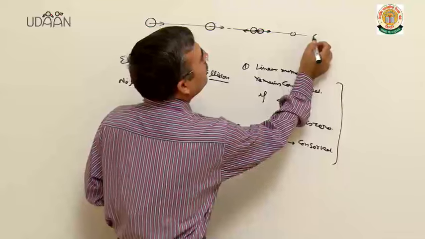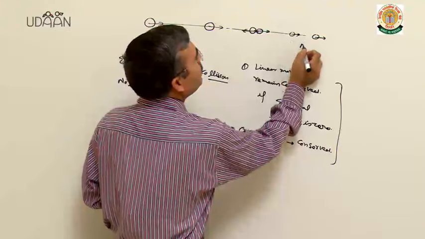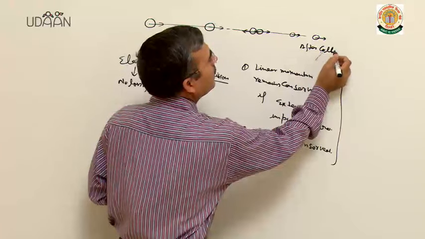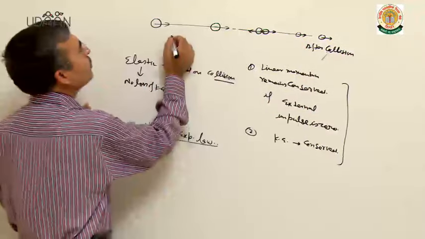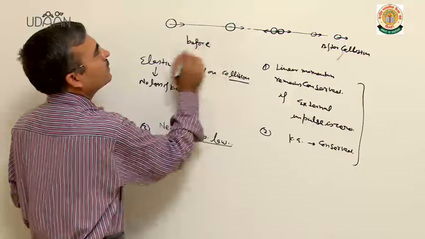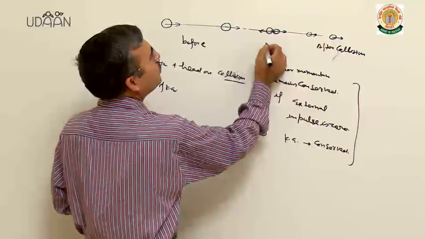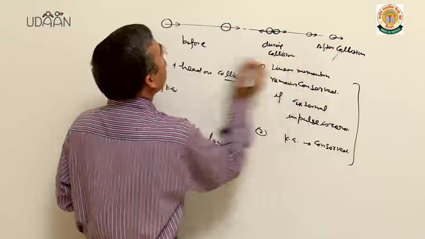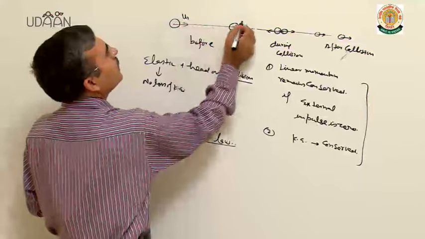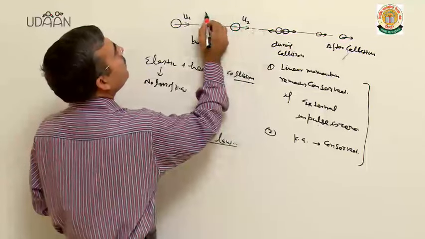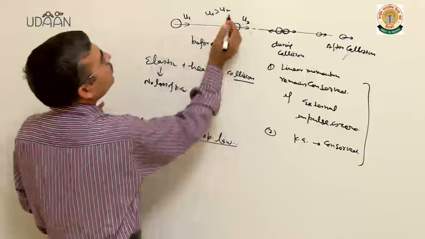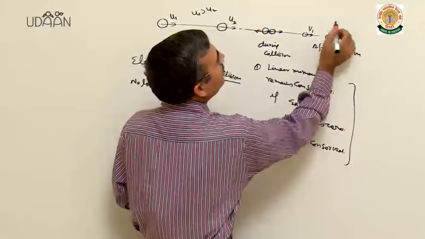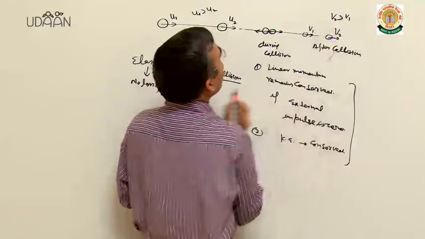If I take here speed after collision, it is after collision situation, before collision it is during collision, suppose speed u1 and u2, let u1 is greater than u2. After collision speed becomes v1 and v2, clearly v2 will be greater than v1.